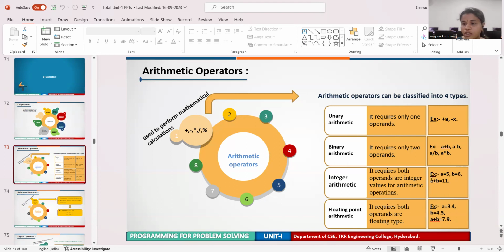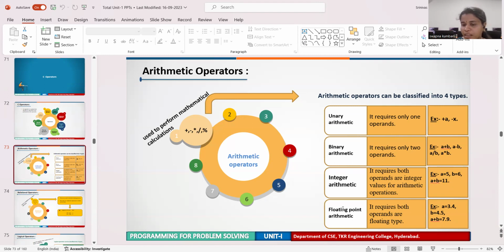If you perform 5 plus 6, it becomes 11, and this 11 will also be called an integer. It does not have any decimal values. So that is the third category of the arithmetic operator.